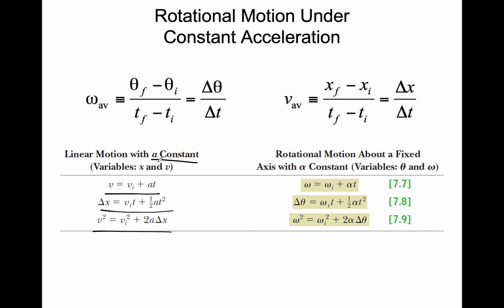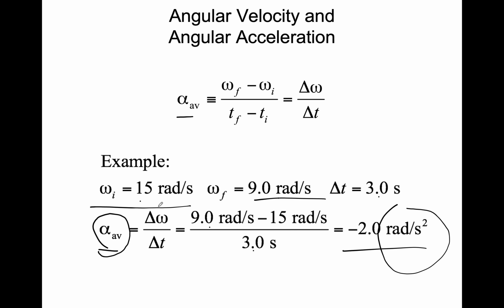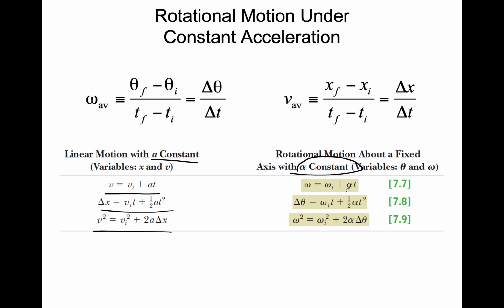Similarly, in rotational motion, if we have a constant angular acceleration, by definition angular acceleration is final velocity subtract the initial velocity divided by time. If we multiply by delta t on both sides, angular acceleration times t gives us the change of angular velocity, right? So similarly, we are going to have this equation.